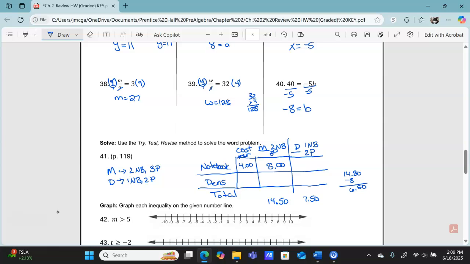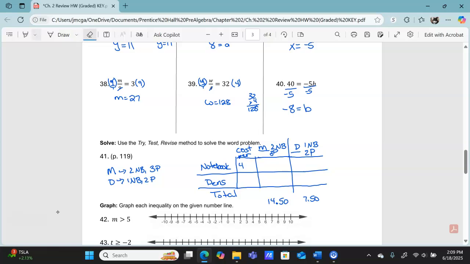I don't think I can get it. 650 divided by 3, it's not evenly divisible. So $4 won't work. So you can see this is just, it takes some time. Let's try 450. That would be $9. That would leave me with $5.50, which is not divisible by 3.